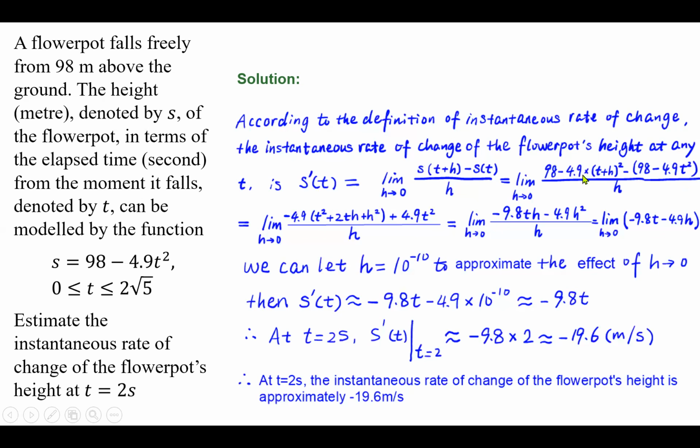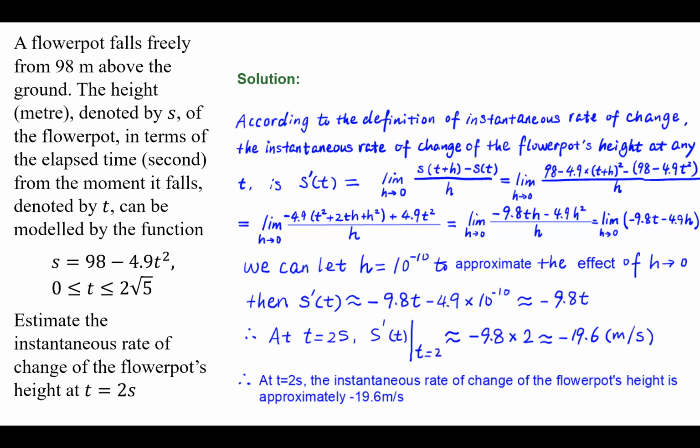Then we can expand and simplify the numerator, which gives us the limit as h approaches 0 of negative 4.9 times (t squared plus 2ht plus h squared), then plus 4.9 t squared, over h, right? Then the numerator can be simplified to negative 9.8 th minus 4.9 h squared over h, right?